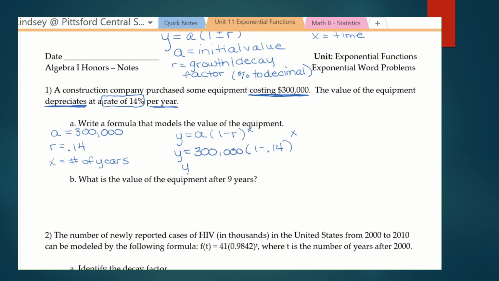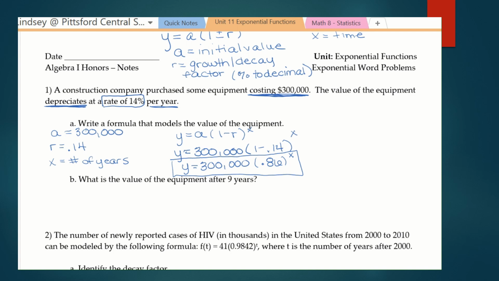And I'm going to simplify this a little bit. I'm actually going to subtract 1 minus 0.14, and I get 0.86 raised to the power of x. So here's our formula that models the value of the equipment after a certain number of years.